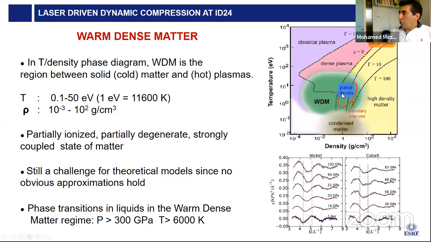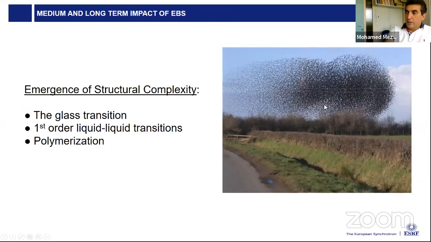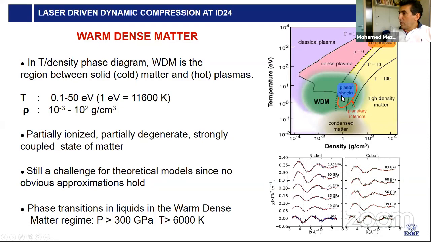There is also a huge interest for geoscience, because here in red in this ellipse is the domain of giant planet interiors, such as Jupiter, which is made of hydrogen, for example. So you could actually explore the physics of these large objects.